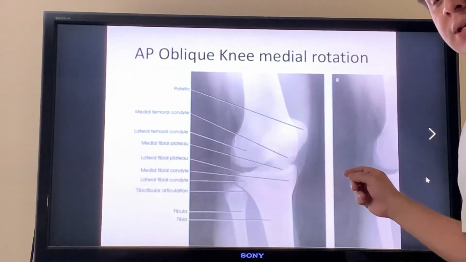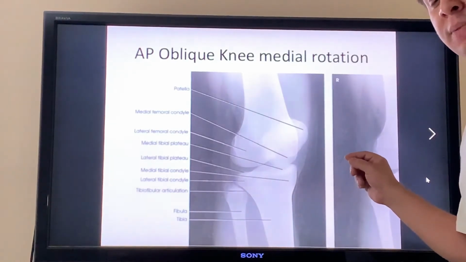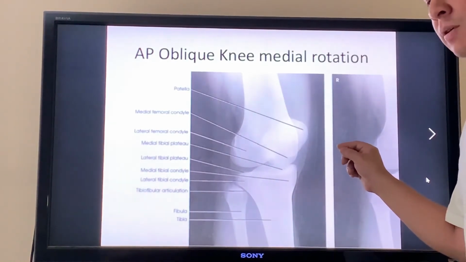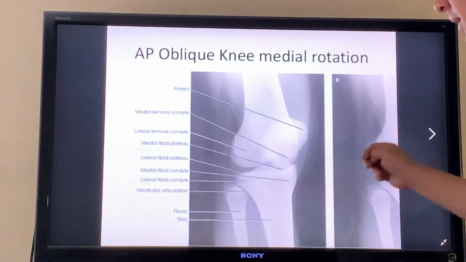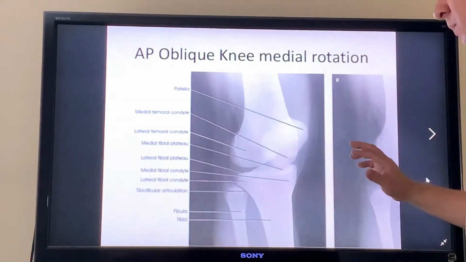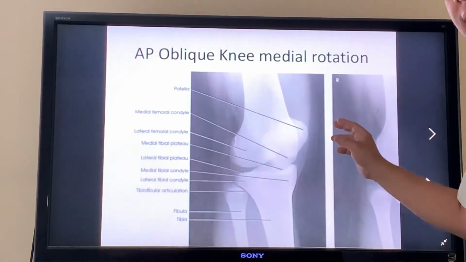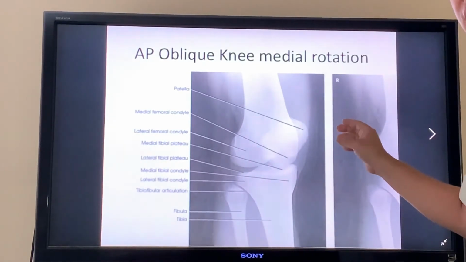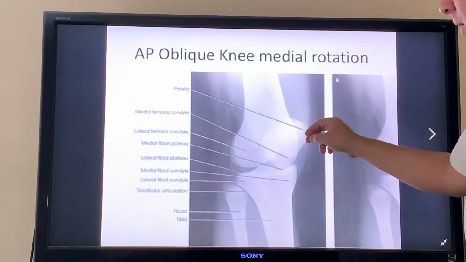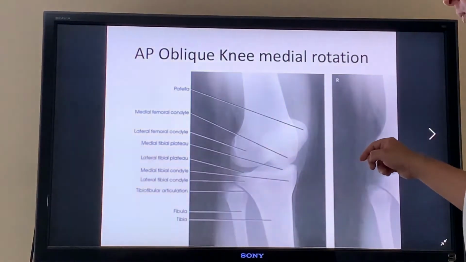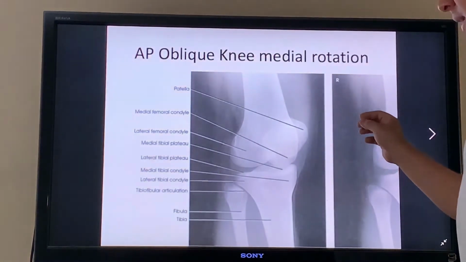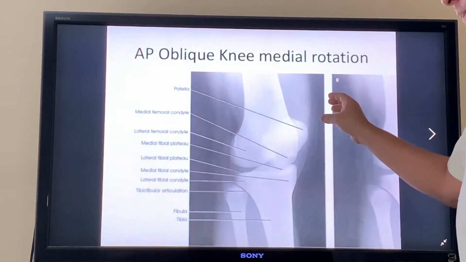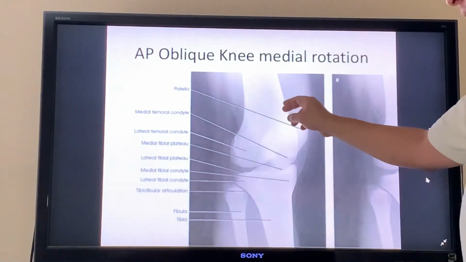This projection will also give us a more clear view of the tibiofibular joint, which is going to be right here. It's going to be completely open, nothing superimposed over that. We are also going to see the medial side of the patella right over here, and because of the rotation, the medial side will be superimposed by the femur.